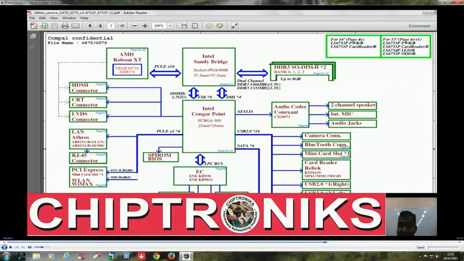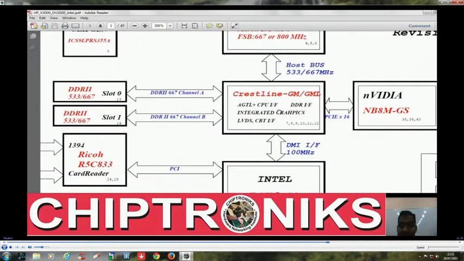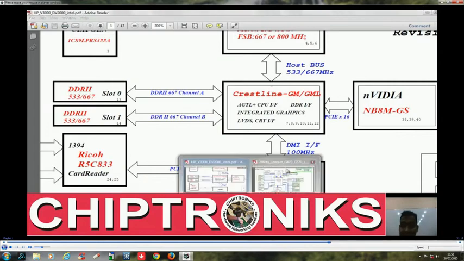And the RAM slots are connected directly with the processor, because as we told, the memory controller has moved to the processor and the RAM slots are connected to the memory controller. You see in HP DB2000, this is GMCH, it has memory controller and display controller. So the RAM slots are connected to the memory controller, right?